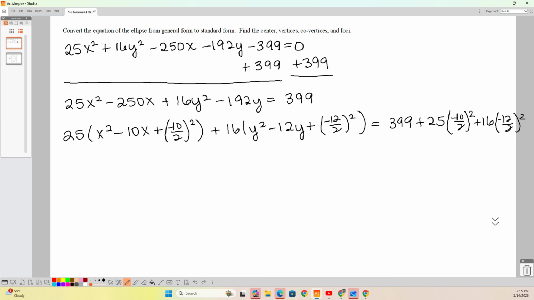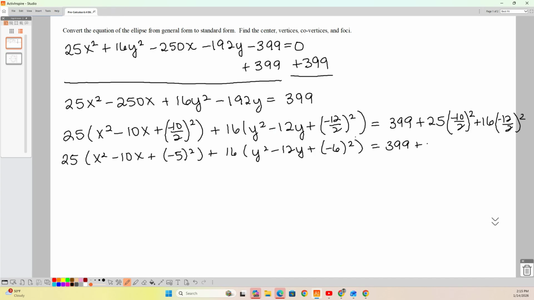All right, so let's go ahead and simplify step by step. Negative 10 divided by 2 is negative 5. Negative 12 divided by 2 is negative 6. Same thing here. Negative 10 divided by 2 is negative 5, and negative 12 divided by 2 is negative 6.